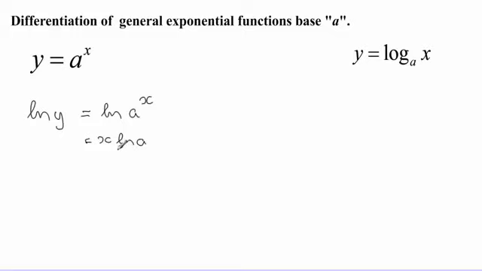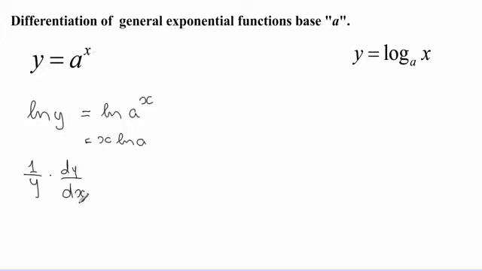Now notice that ln of a is a constant, so when we differentiate here, it's like we're differentiating 2x. Now if we differentiate this side, according to what we've seen, this is going to be 1 over the argument multiplied by the derivative of the argument. Why am I saying dy dx? Because I know that this y is a function of x.